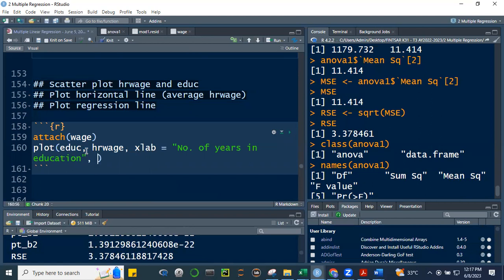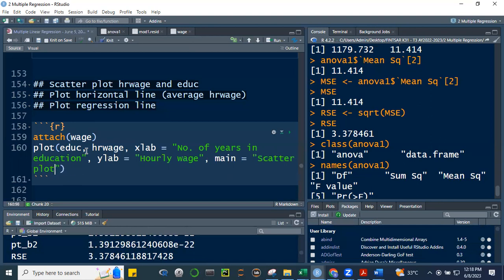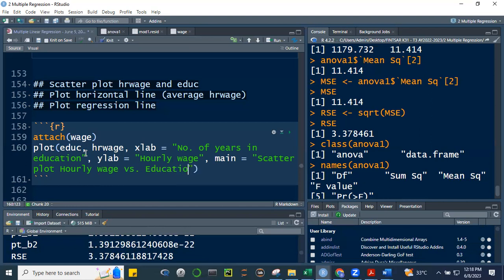Then ylab is equal to hourly wage. Then main is equal to a scatter plot of hourly wage versus education.